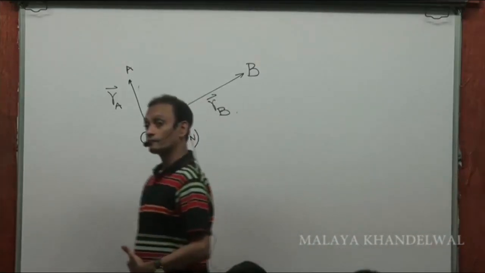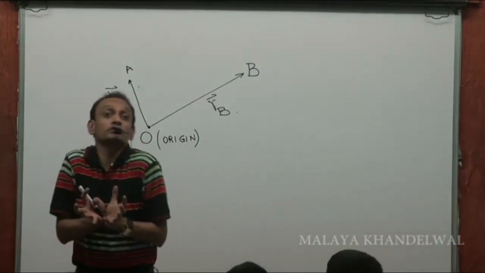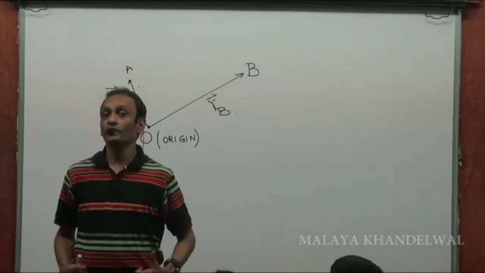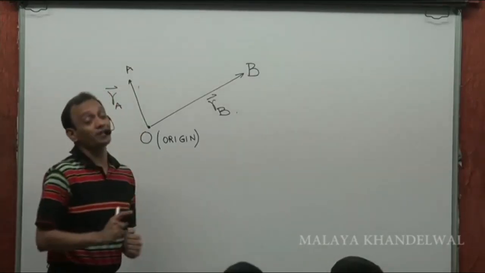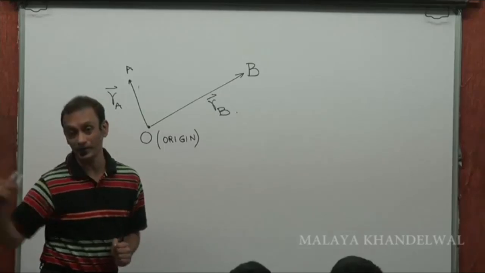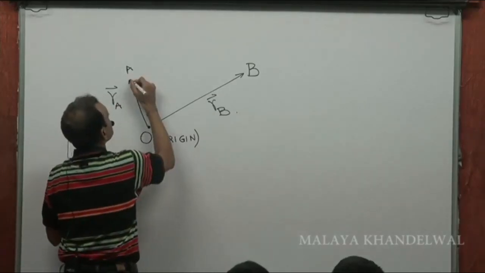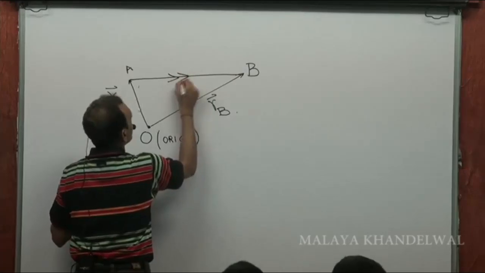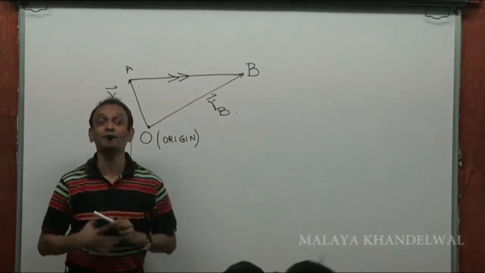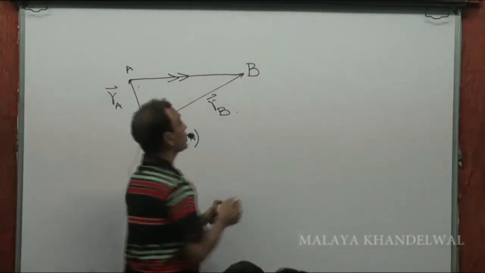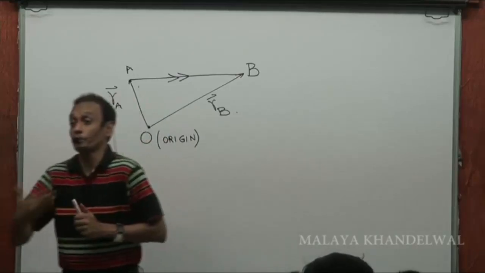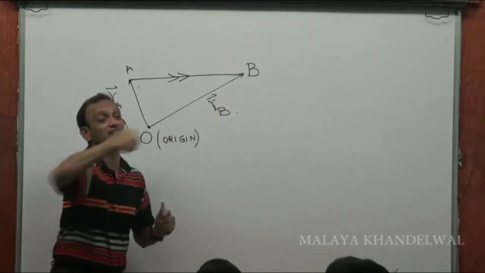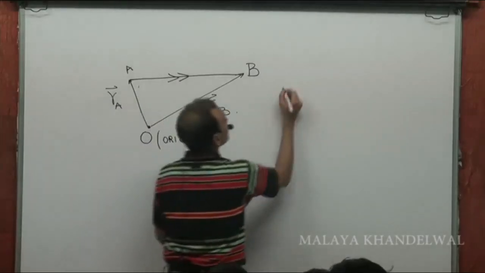However, if A is looked upon as an observer, if the observer is A, then A would not say the position of B is RB. A would say this is the position of B. This is the position of B as seen by A, right? Which is like if A is looked upon as an observer, then this is the position of B as seen by A, right?